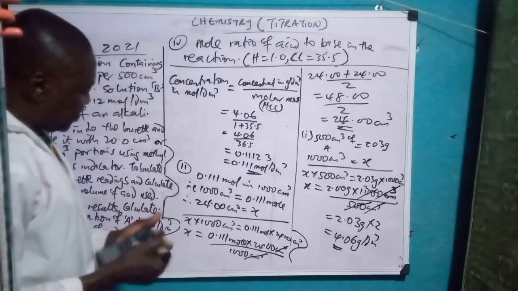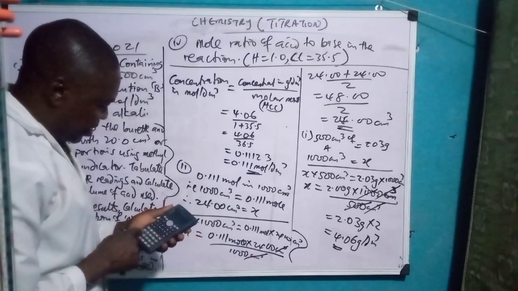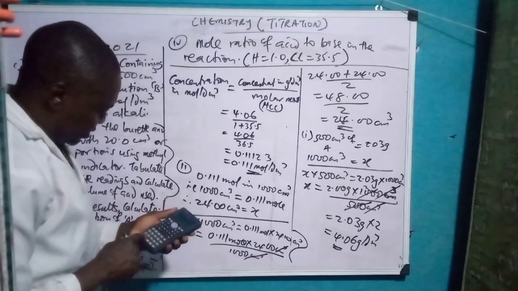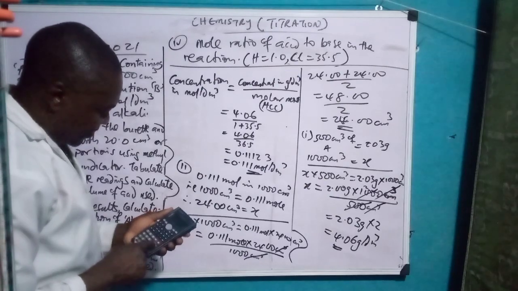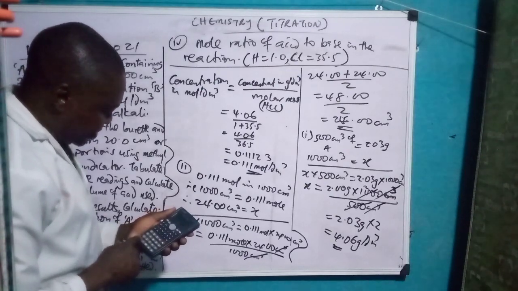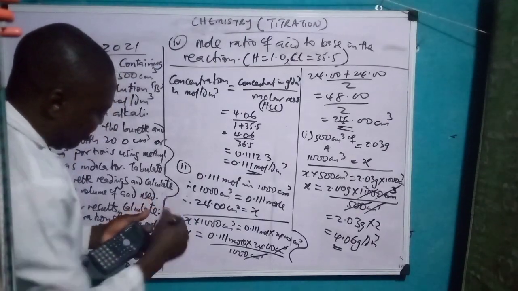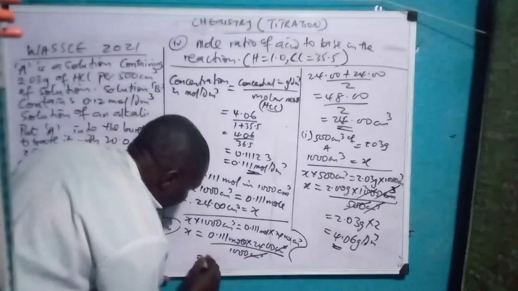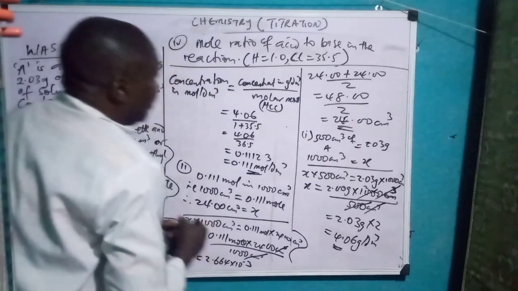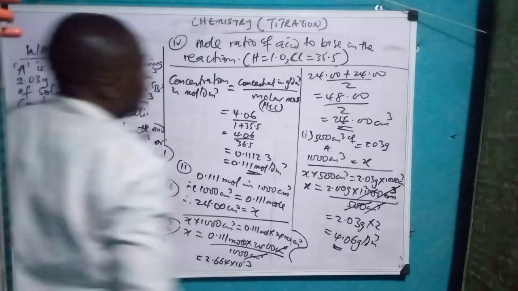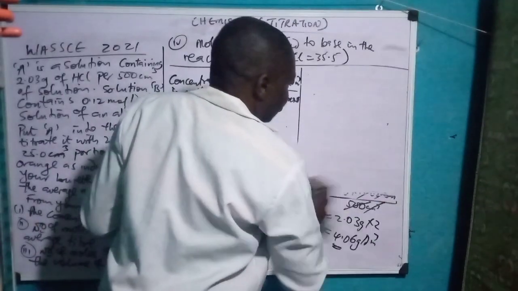Let's see what we have. 0.111 times 24.00, divided by 1000, gives you 2.664 times 10 to the power minus 3. Let's erase the other side and see how it goes. You don't even need this side again.